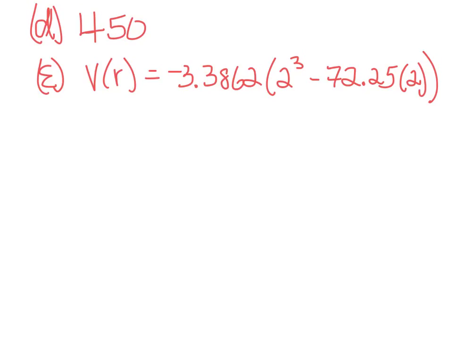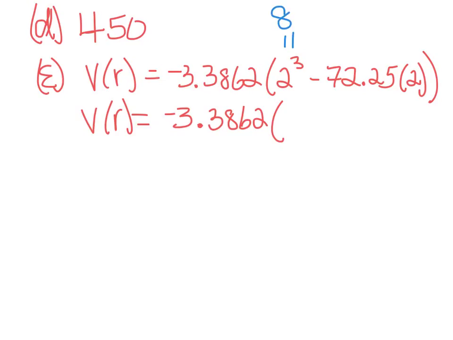All right, so I am just going to drop down the V of R, which again, fancy way of saying Y equals. And I'm going to keep this negative 3.3862. And I'm going to just take everything inside these parentheses and I'm going to simplify. So 2 to the third, I'm just going to throw that right up here just so you can see it.